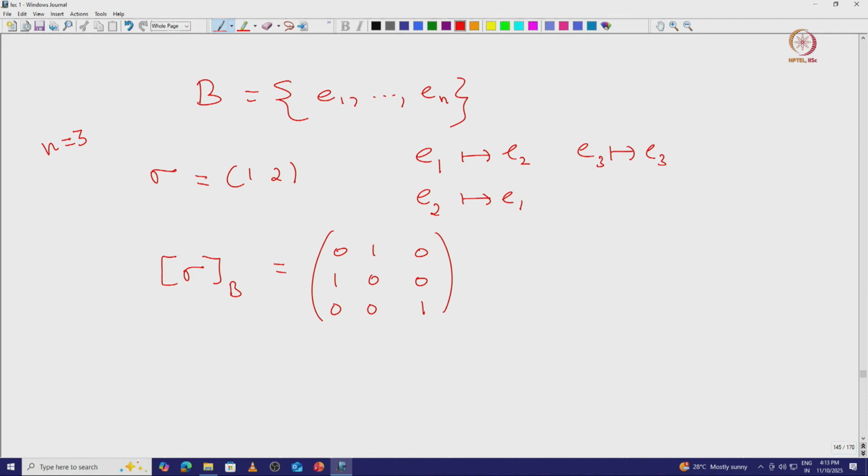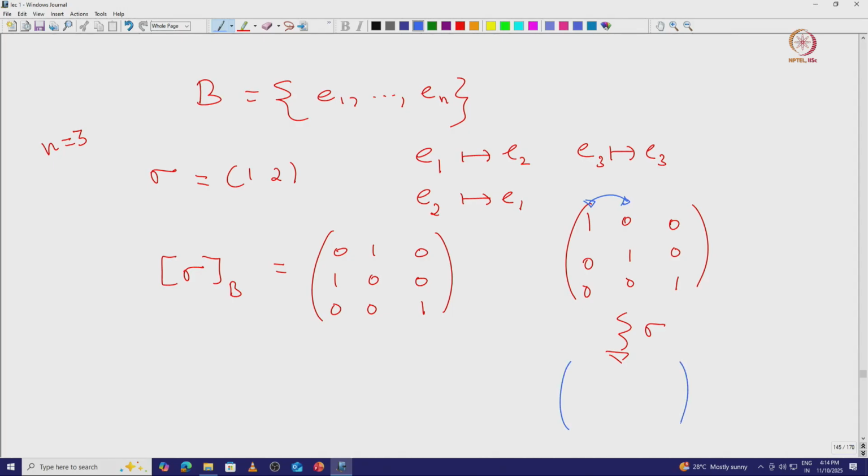So, that means we have taken this identity matrix, which is 1 0 0, 0 1 0, 0 0 1, and then we just apply sigma on the columns of this identity matrix. So, the first column moves to the second column and the second column moves to the first column under sigma.